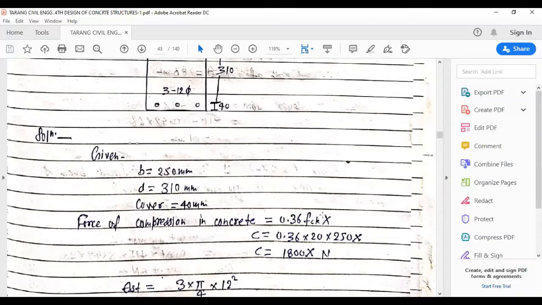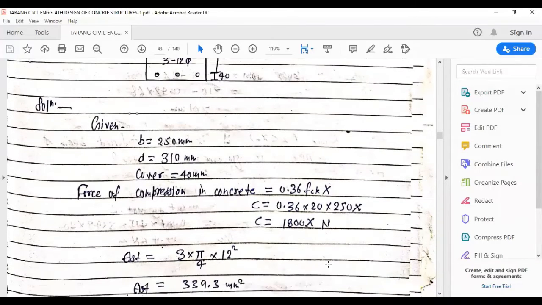Mind it students, the value small b is to be provided here because of the formula. So C is given by 0.36, fck is 20, small b is 250, and x value we do not know. Neutral axis depth we do not know. So C comes in terms of x, which is 1800x Newton.